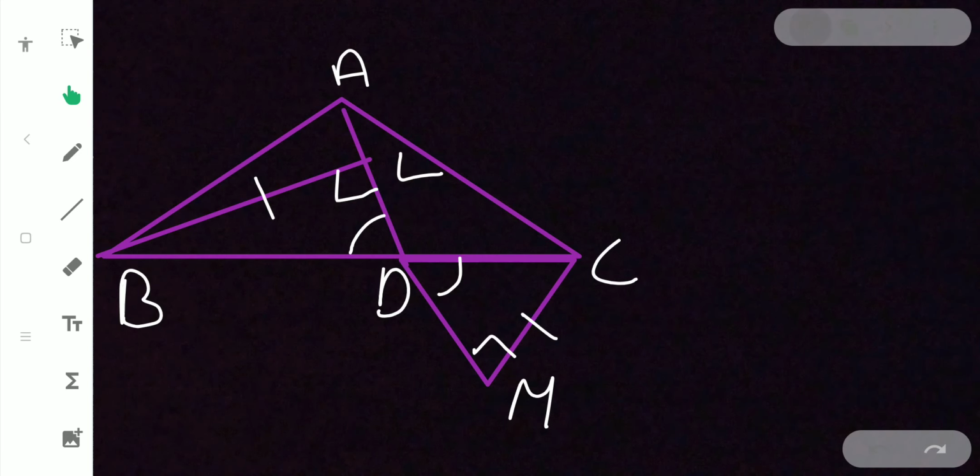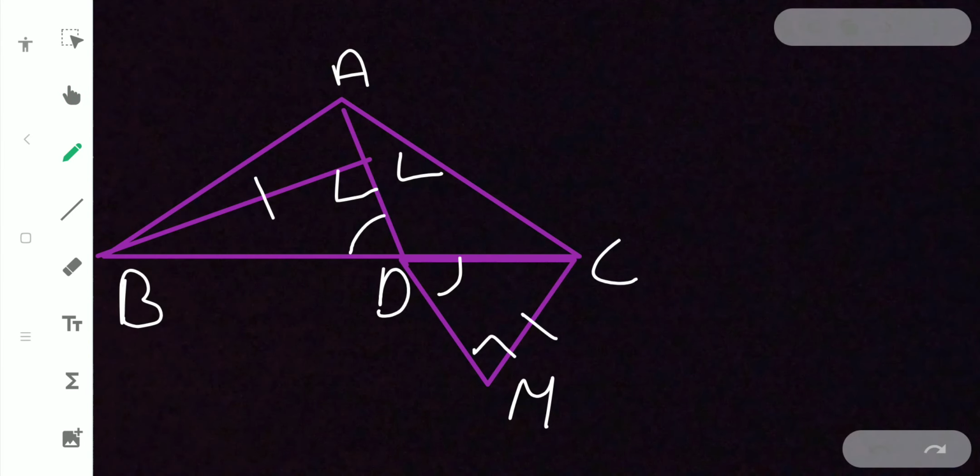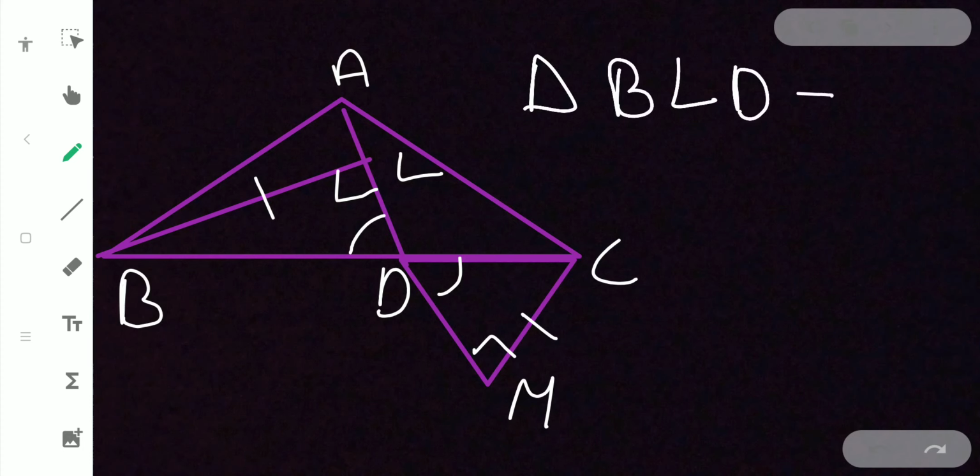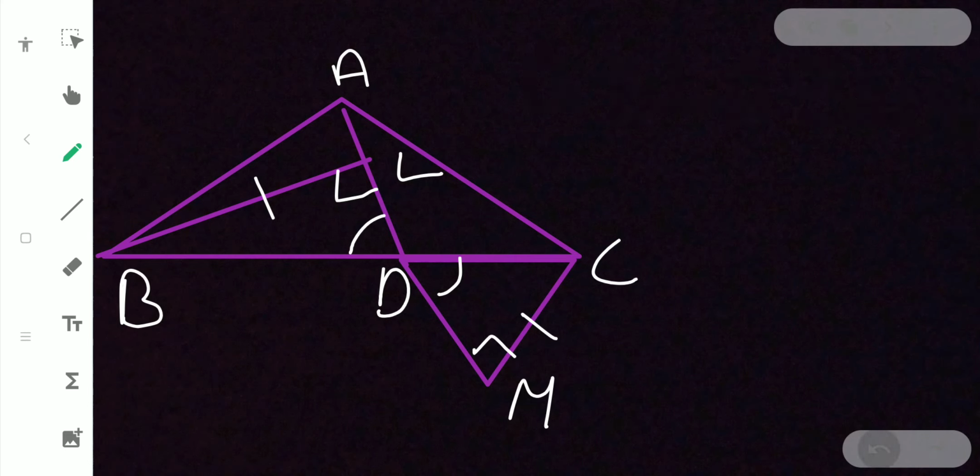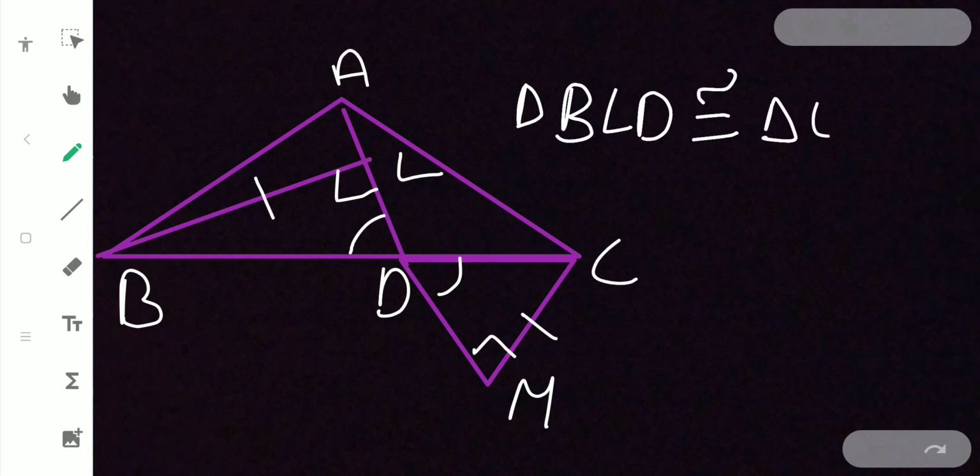I will write triangle BLD is congruent to triangle CMD.